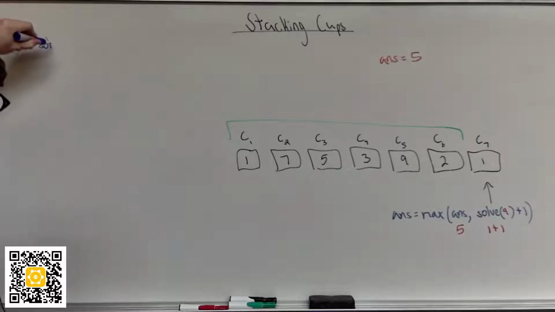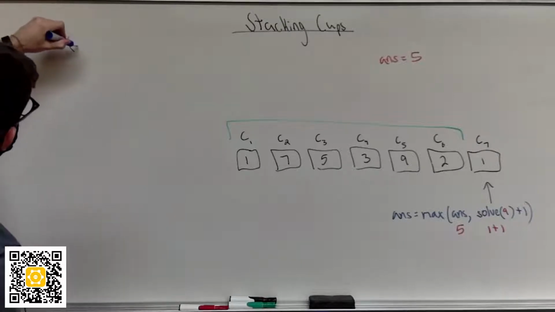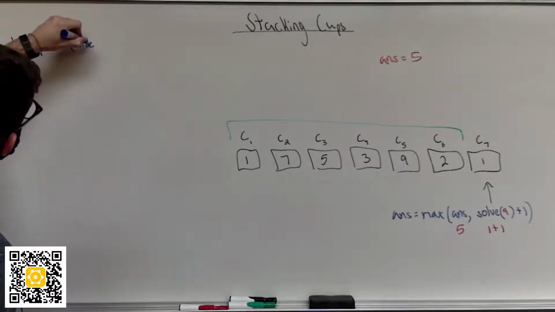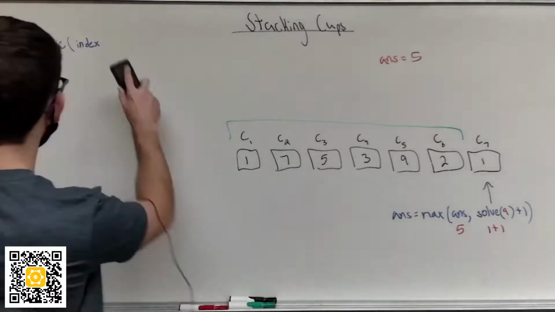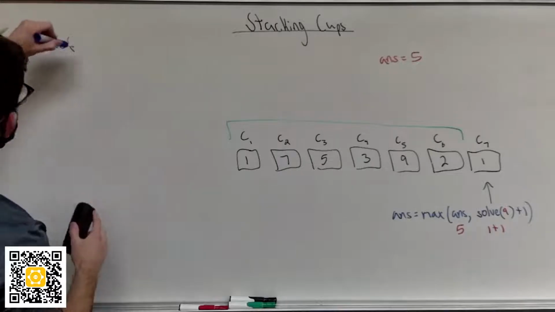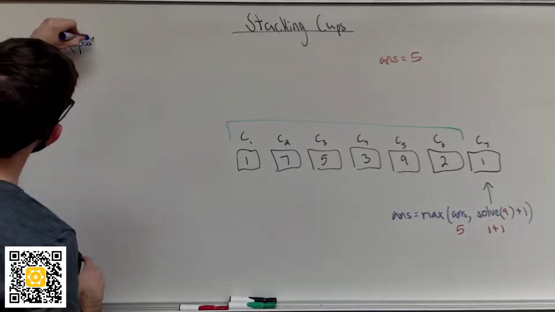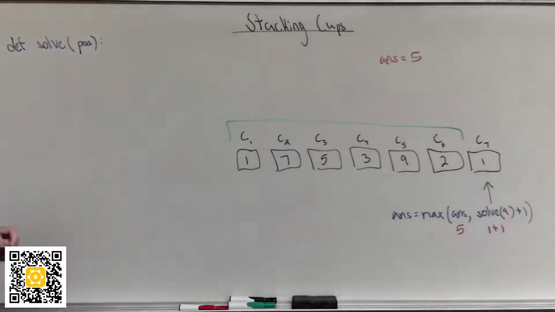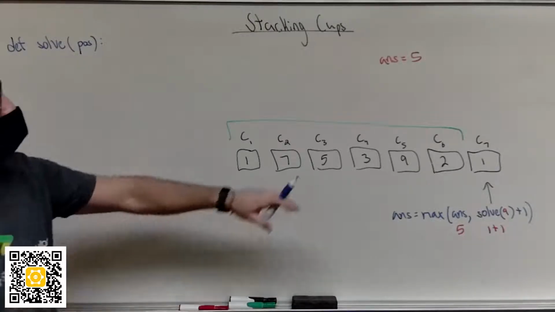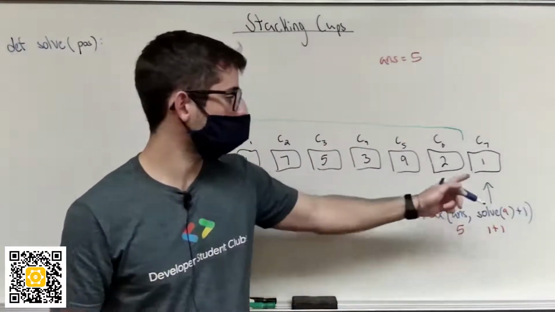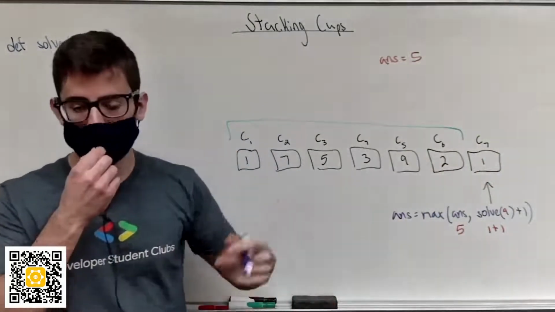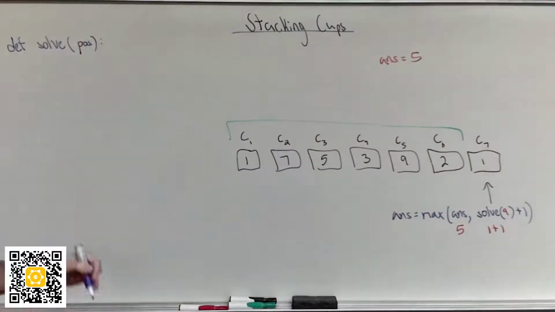So now let's create this recursive function. Let's call it position, or POS. What's the first thing we mentioned? Initially, we want to start off with 1 because we will take this cup. We want to include it in our answer.